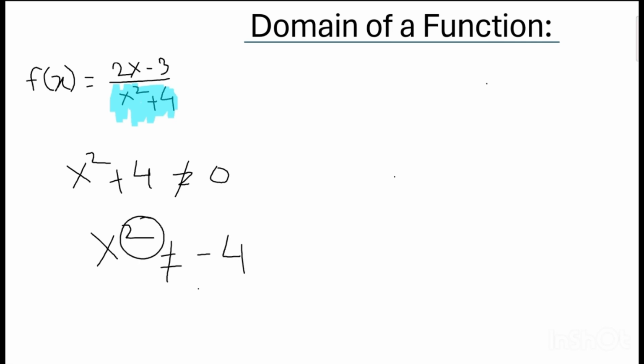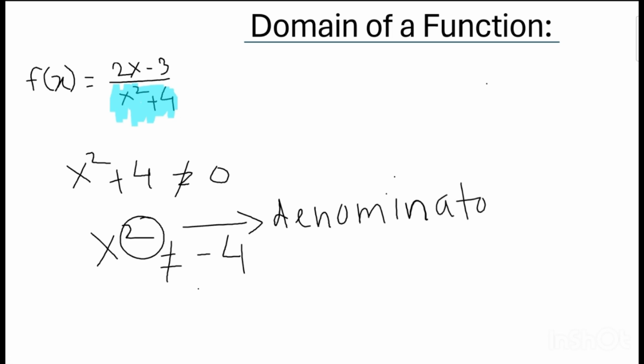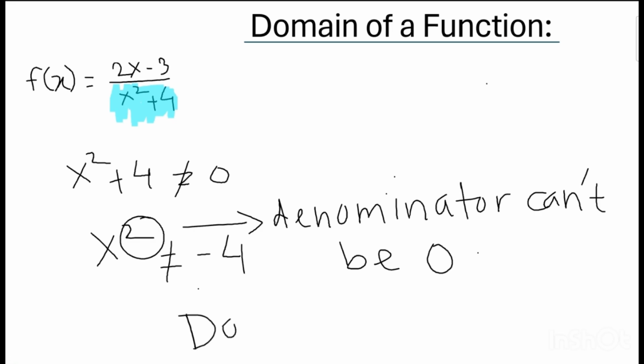Note that if you have a power of 2 or multiples of 2 in the power, then the denominator can never be 0. That means if the power of x is 2 or its multiples, the denominator cannot be 0 irrespective of what the value of x is. Even if we plug in a negative number, it will still give us a positive answer. In this case, the domain will be all real numbers, or negative infinity to positive infinity.